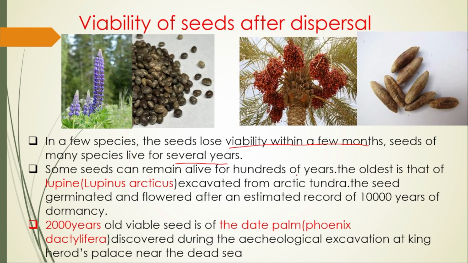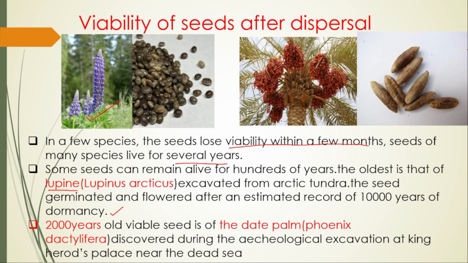The oldest is that of lupin, Lupinus arcticus. Here this is the lupin one. From the Arctic tundra, the seed germinated and flowered after an estimated record of 10,000 years of dormancy.